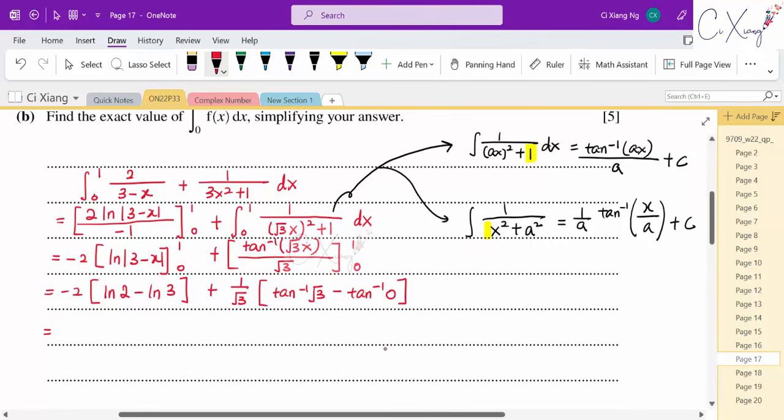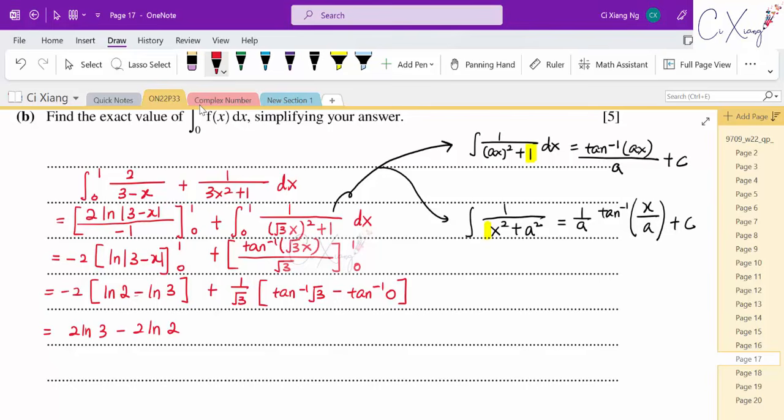So I'm having, if I multiply the two in the equation, 2 ln 3 minus 2 ln 2, and then plus 1 over square root 3 tangent inverse square root 3. If you press the calculator, you'll get 60 degrees, which is pi over 3. Tangent inverse 0, you'll get a 0.